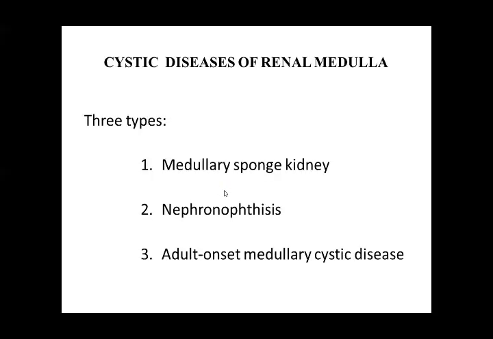Now we come to the cysts of the renal medulla. In the medulla, we have rather three types: medullary sponge kidney and nephronophthisis are the two topics we are going to discuss together. Adult onset medullary cystic kidney is the third type of renal cyst there.